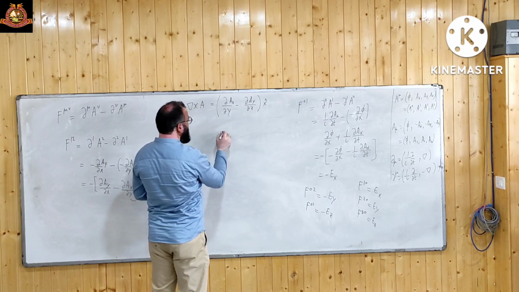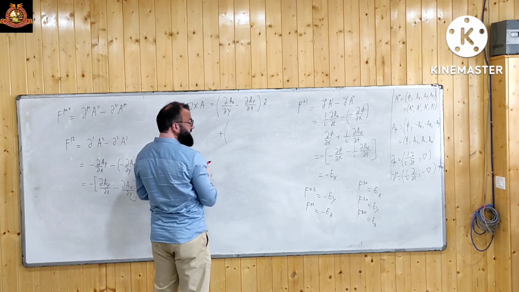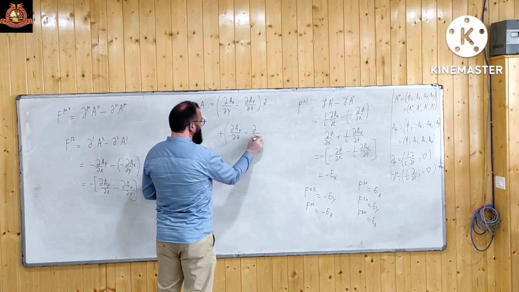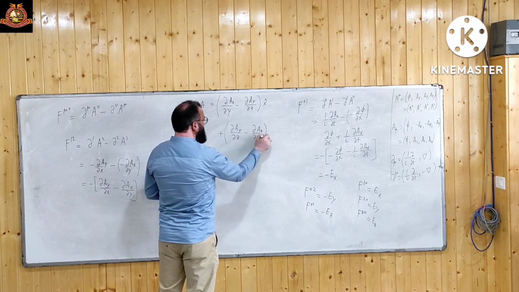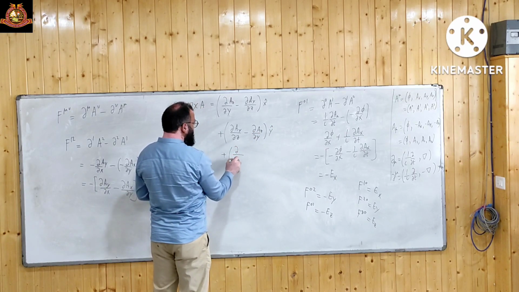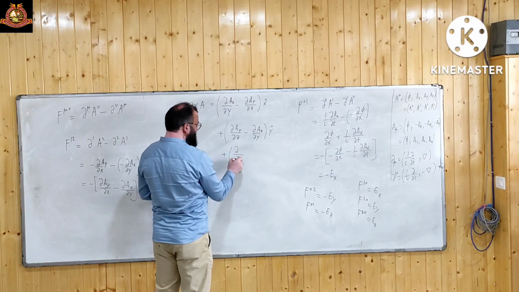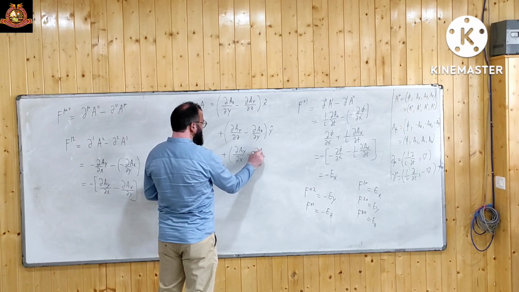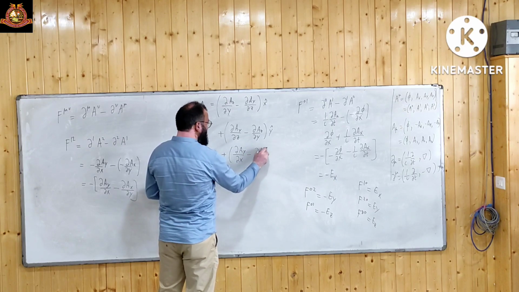Then what is another thing? Another term? Partial z... So the y component will be partial AX by partial z minus partial AZ by partial x. Then go in the cycle: partial AY by partial x minus partial AX by partial y.